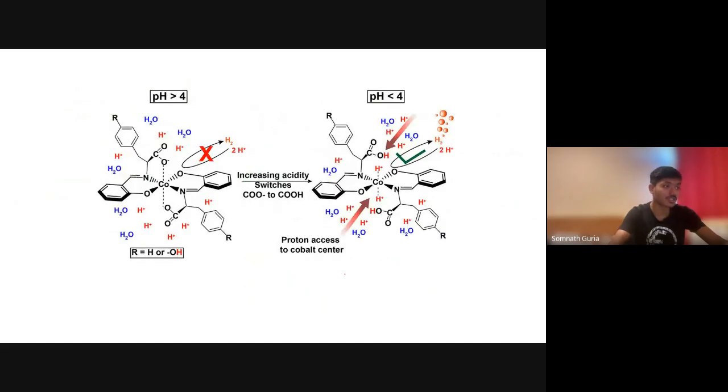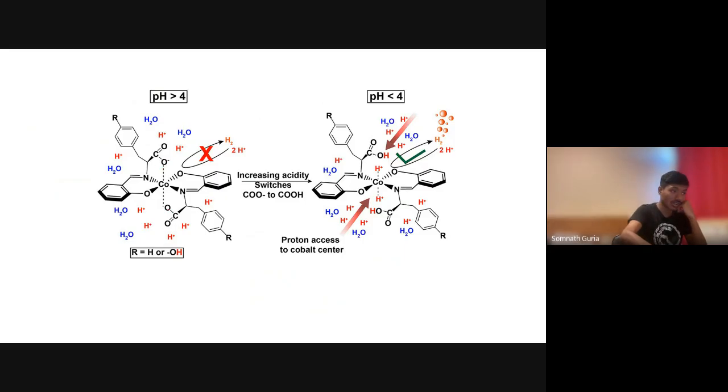Interestingly, they found that above pH 4, the COOH of the tyrosine molecule is deprotonated and makes COO minus.